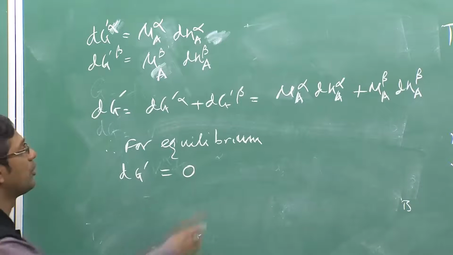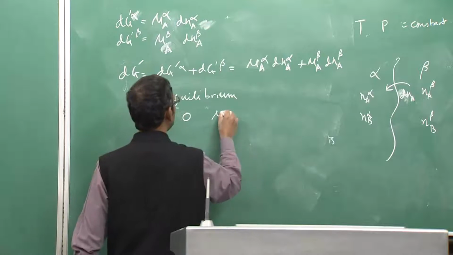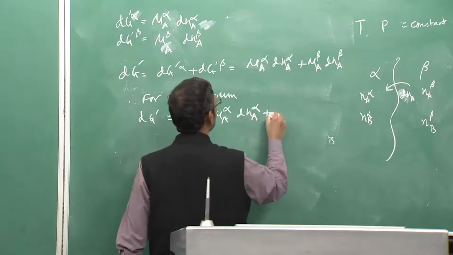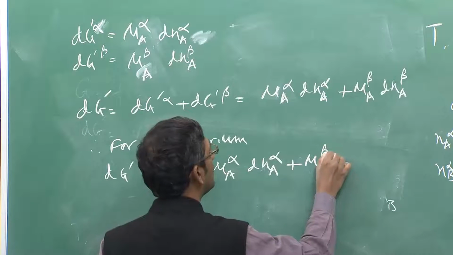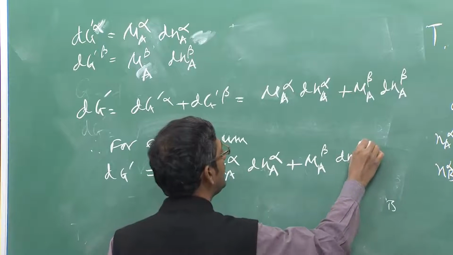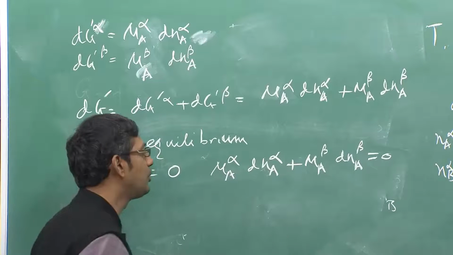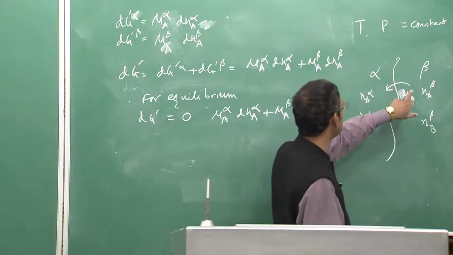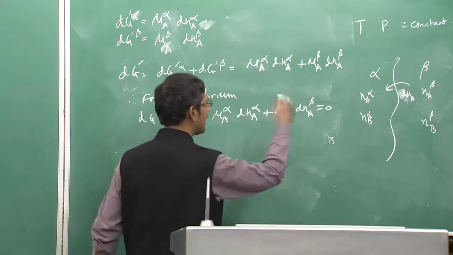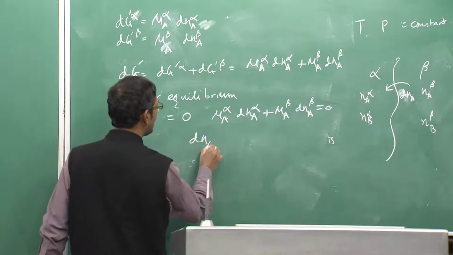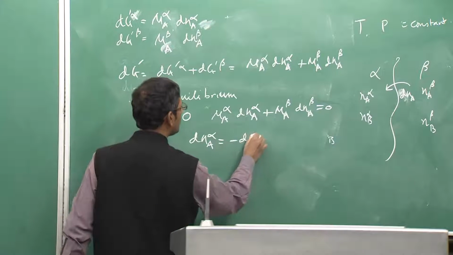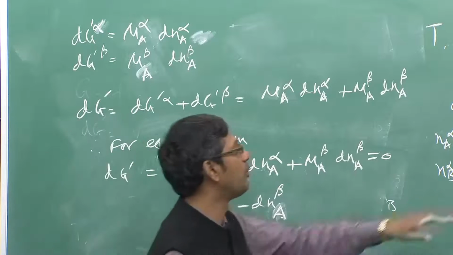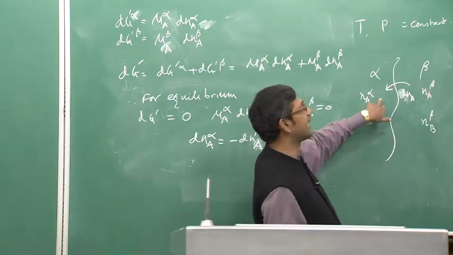If I have to make it 0, this whole thing is 0, that is mu A alpha dNA alpha plus mu A beta dNA beta equals 0. As you know, I have transported molecules from beta to alpha. Therefore dNA alpha must be equal to minus dNA beta, because whatever molecules I am transporting from beta are only getting added to alpha.